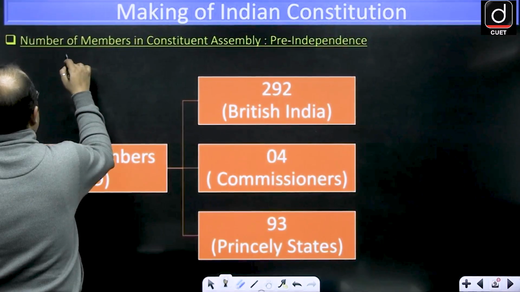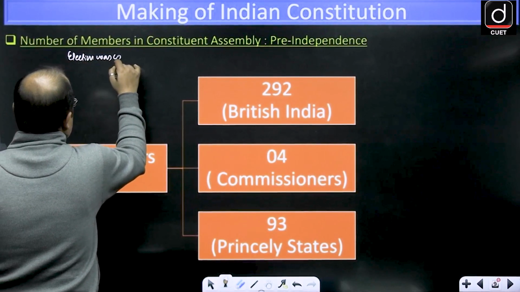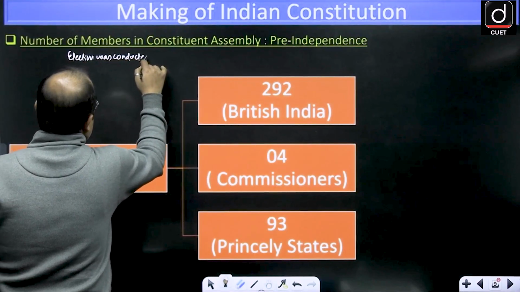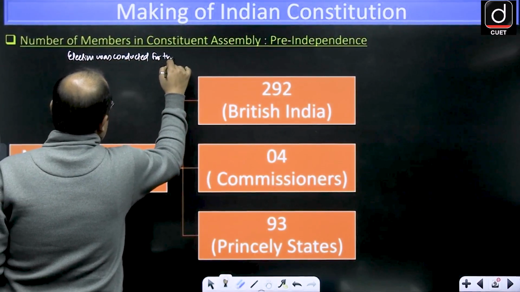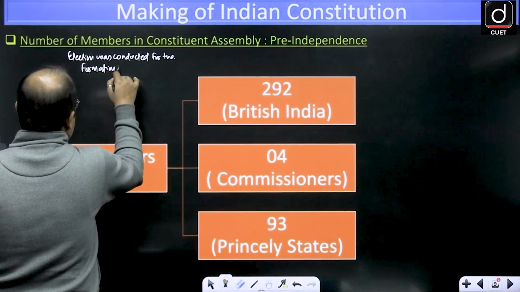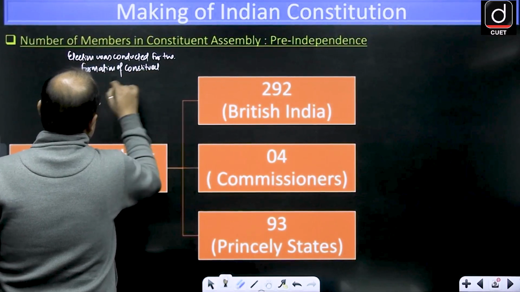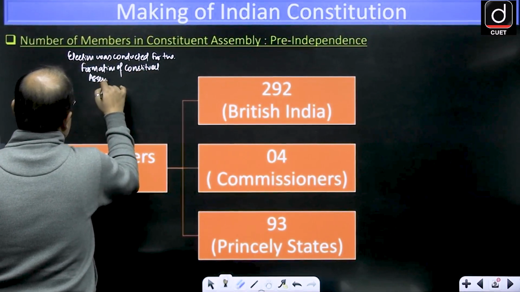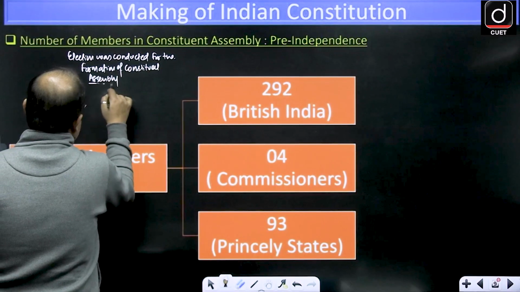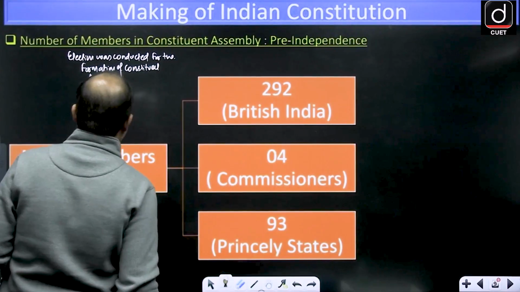So an election will be conducted for its formation.